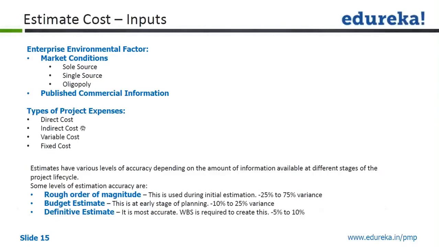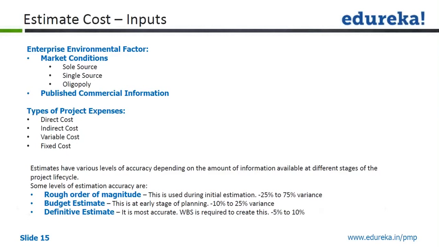So their salary, for example, that is what we call management overhead, becomes an indirect cost. Going to variable cost and fixed cost. If I'm buying equipment, that will be a fixed cost, as it doesn't vary over a period of time. But if I rent the same equipment for a duration, it becomes a variable cost. So that is the difference.